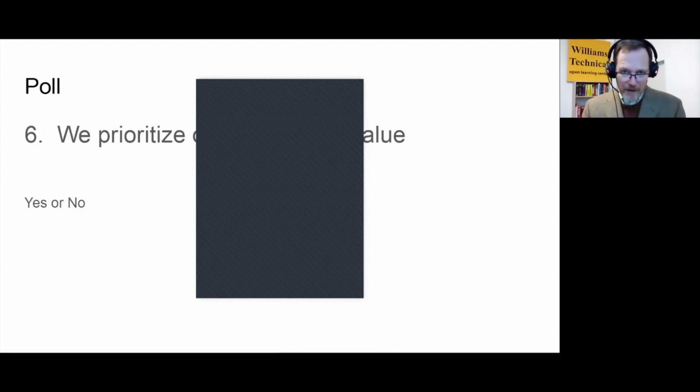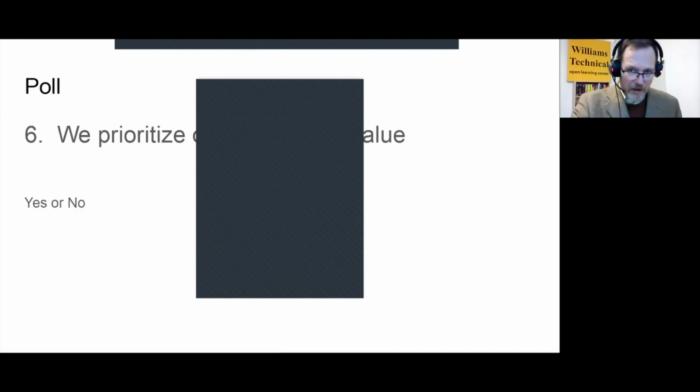Now, this is encouraging, seeing results like this, that you prioritize by value. So actually, we got a good 60% that actually prioritize by value. And this is so important because if you're prioritizing by something other than value, again, you're wasting your time. You're not agile.